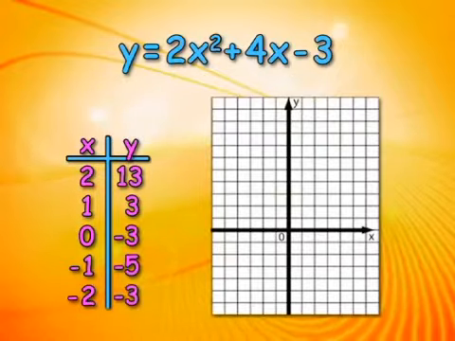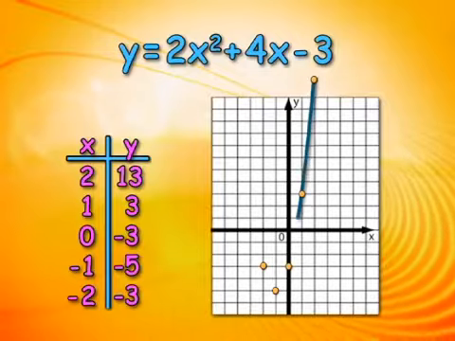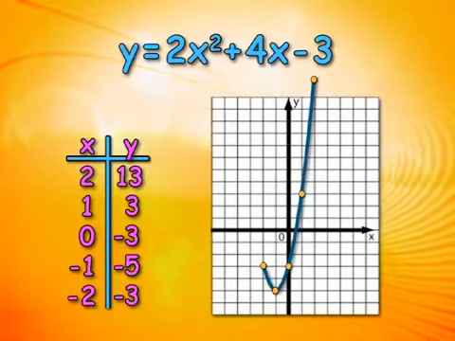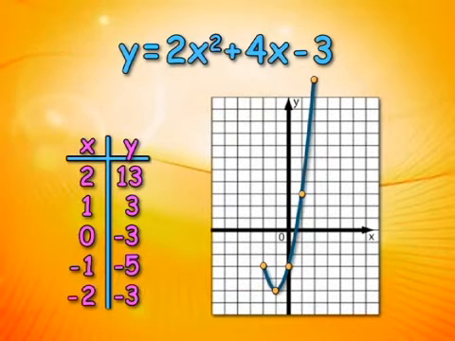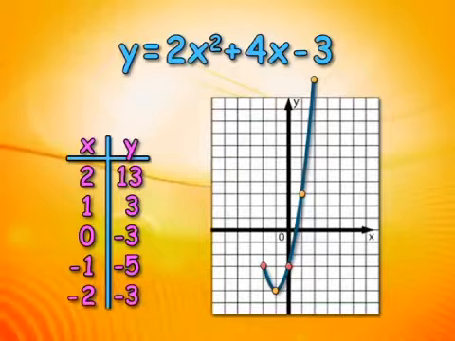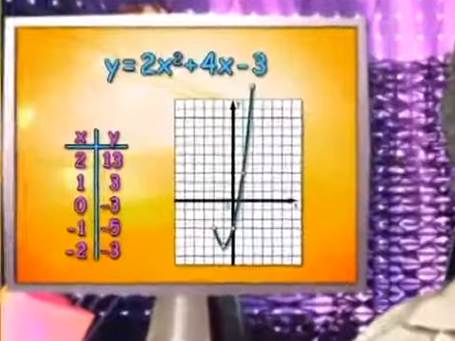Then we'll take the points and put them on the graph. If we connect the points that we have so far, the graph appears to reach a point where it completely changes direction. Also, notice that 2 points have the same y value, 0, -3, and -2, -3. Coincidence? Let's find out.